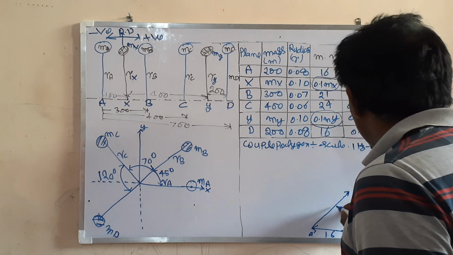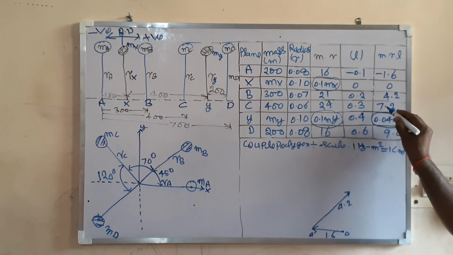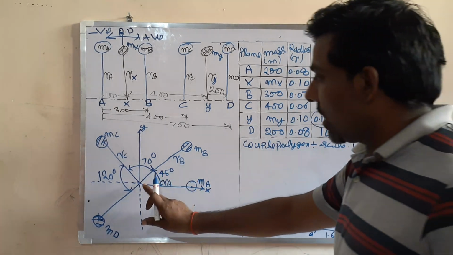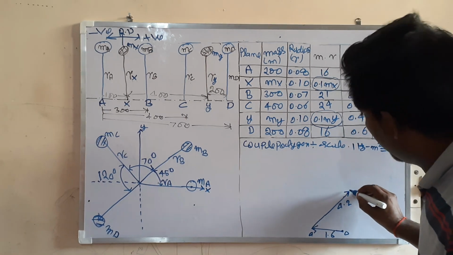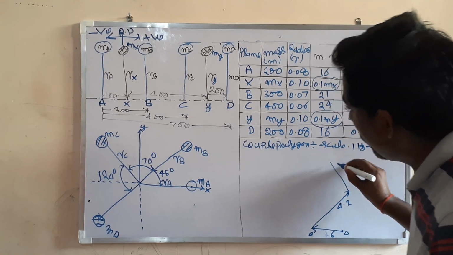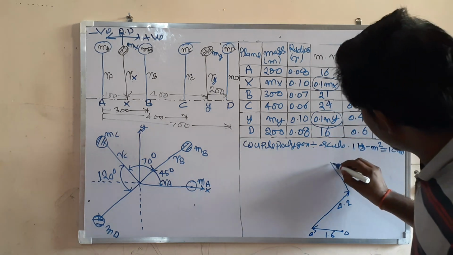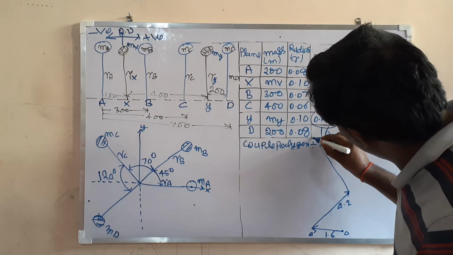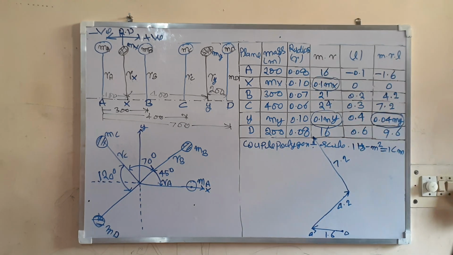Next is C, 7.2. The direction of C will be radially outward because this is plus, and this is the larger one. So this will be like that, this is 7.2.